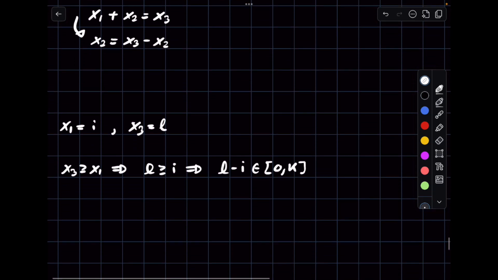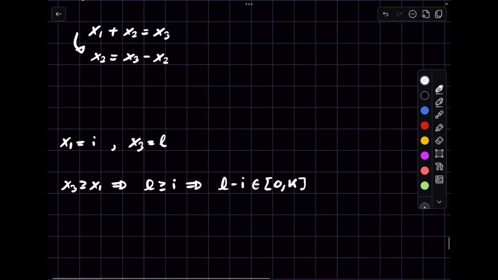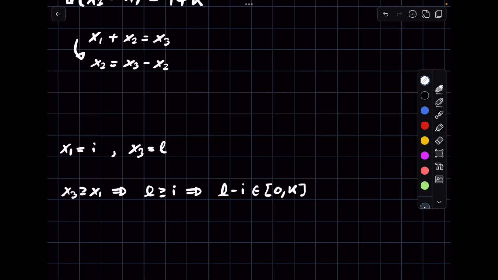So now that we have x2, we check, okay, what happens whenever the x3 number is bigger than the x1 number? Well, the subtraction will be positive, right? What happens if the x3 number is lower than the x1 number?